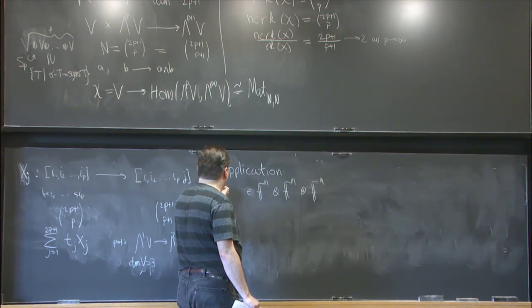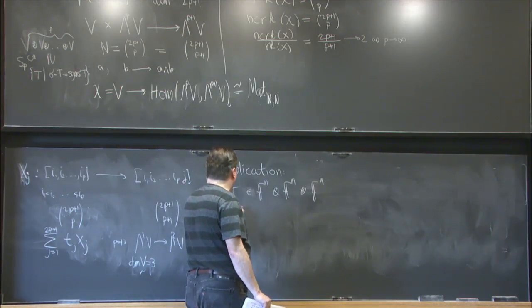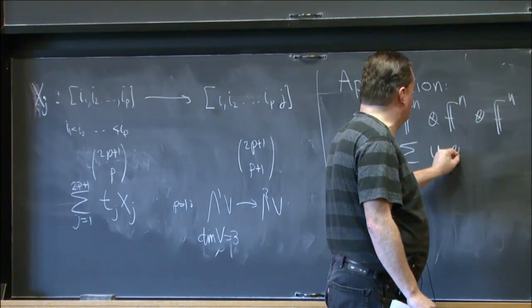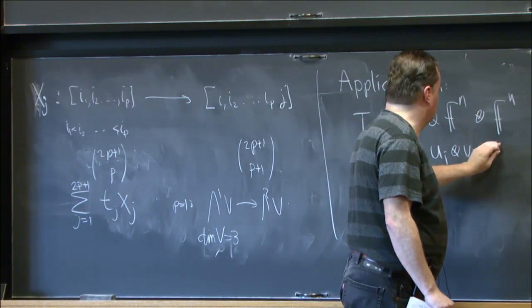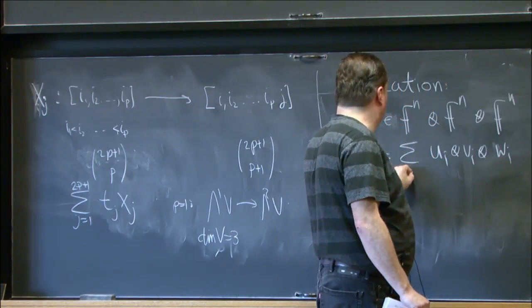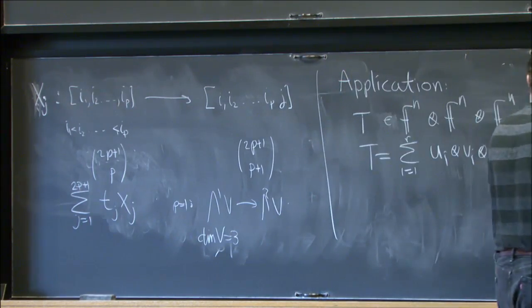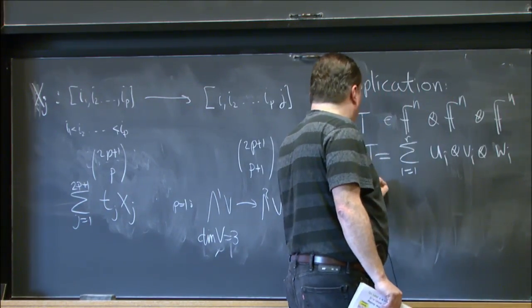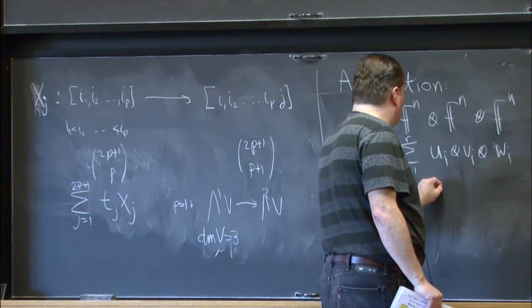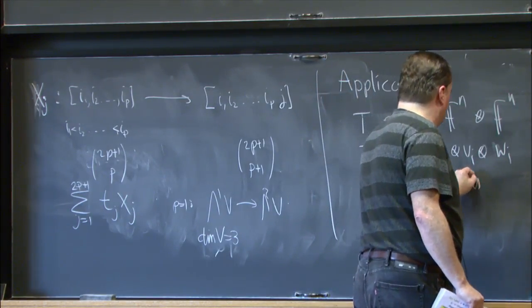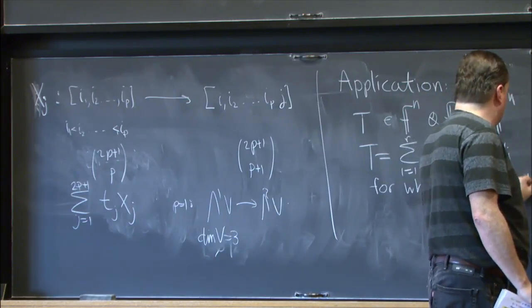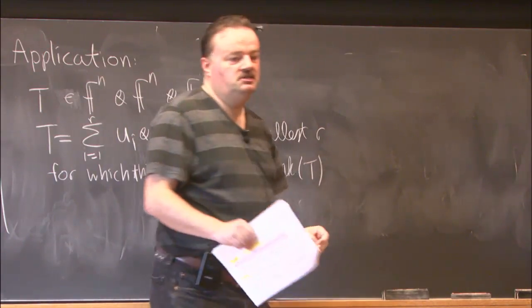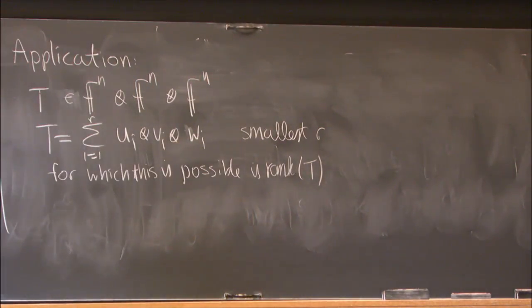Okay, so if you have a tensor in here, then we can write a tensor as a sum of pure tensors, and the smallest r for which this is possible is the rank of the tensor T.